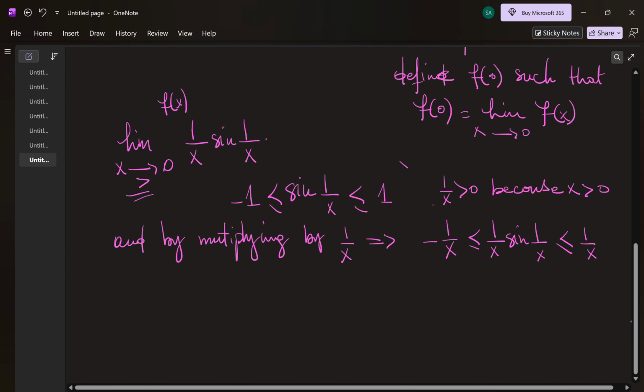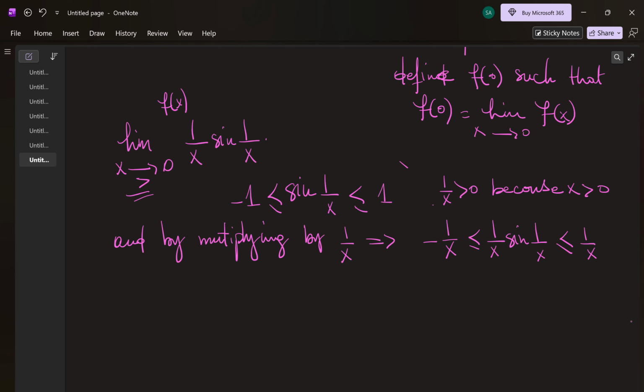Now, this part goes to minus infinity when x approaches 0, and this part goes to plus infinity, and this part we don't know where.